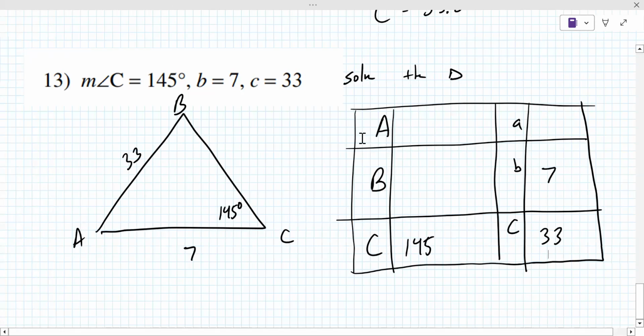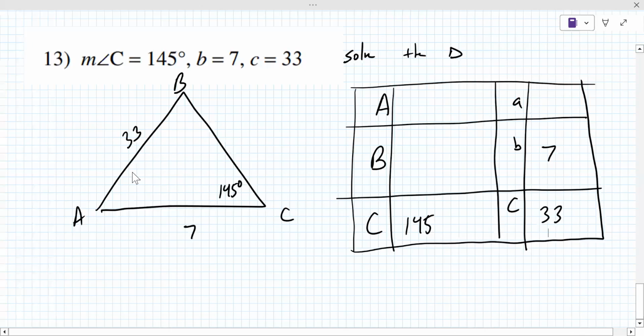All right. And the question is, well, what do we do first? Well, you go for the one that is the most direct. And notice they're giving you an angle side pair and another side. So can you find angle B? Yes.